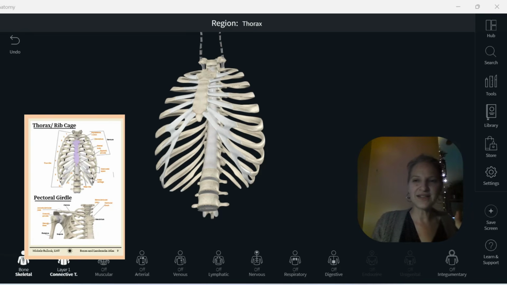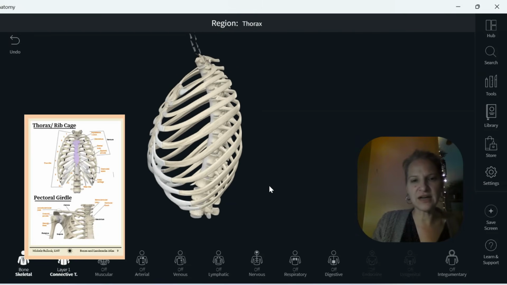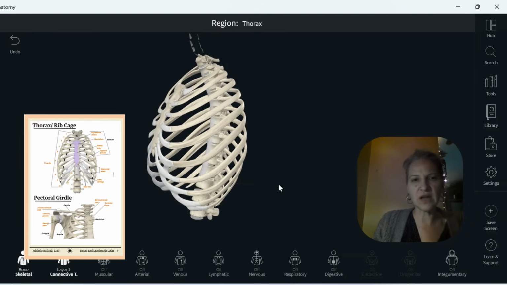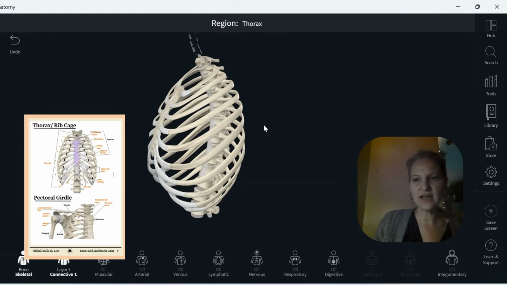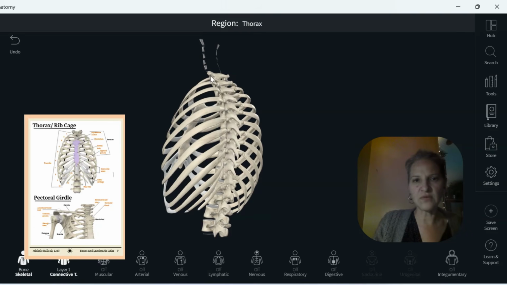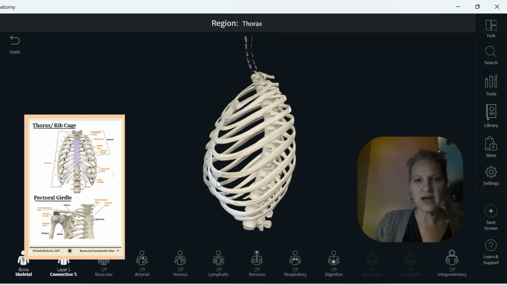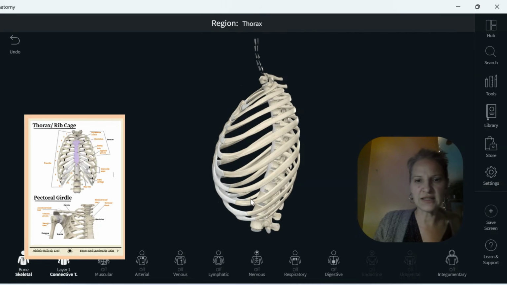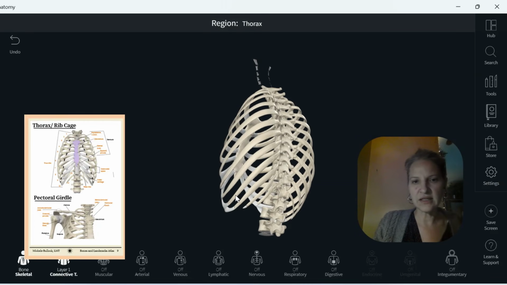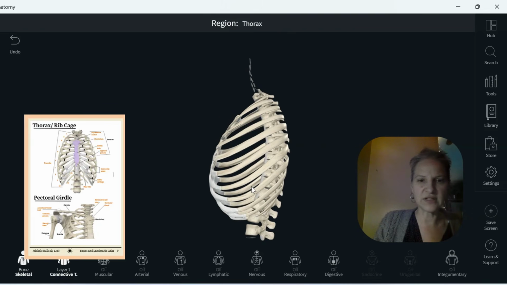Hey, here real quick. This is editing mode Michele, and I figured out why I was having such a hard time understanding the terminology of all the different ribs. I looked into another resource and I figured it out. So ribs 1 through 7 all attach directly onto the sternum, whereas ribs 8, 9, and 10 are called false ribs because they don't attach directly to the sternum.